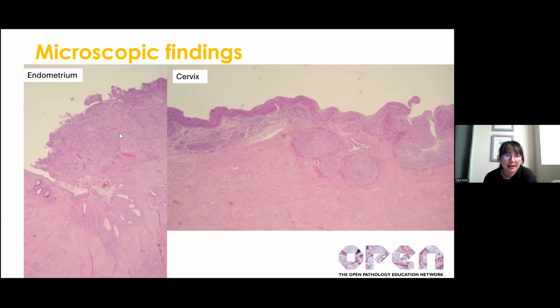But on the other side, we can see the exophytic tumor in the cervix sections. We can see the smooth border of the carcinoma compared to over here is the nest of the tumor cells. So based on these pictures, we can say that her carcinoma may be from the cervix.